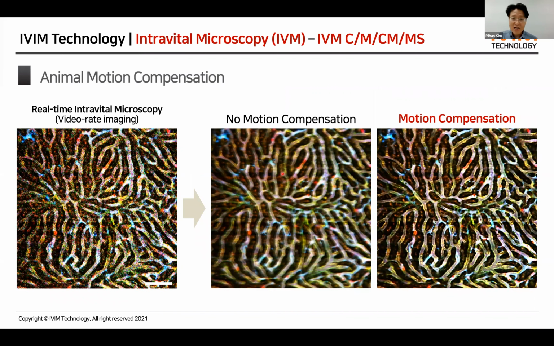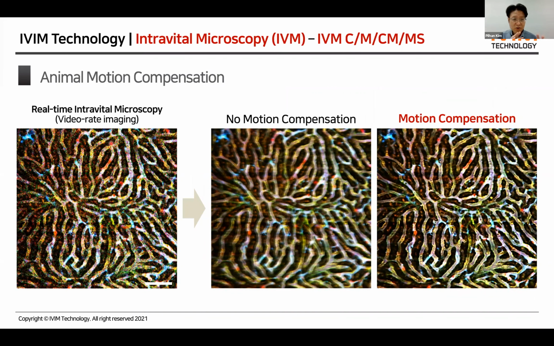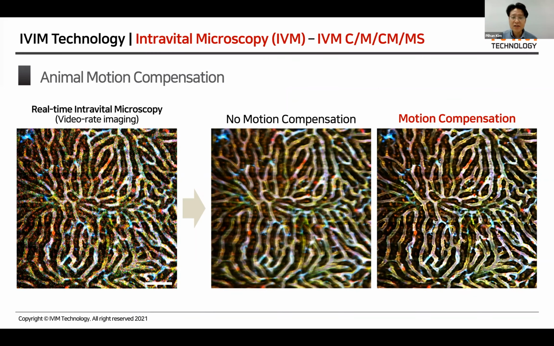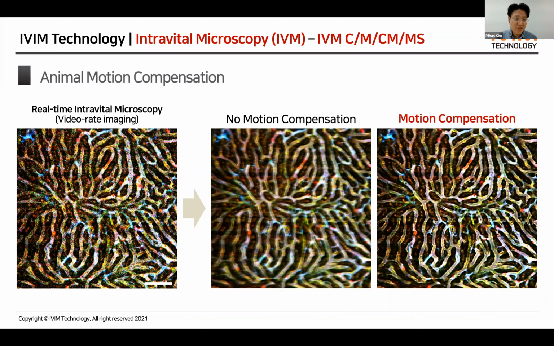From this raw data, by using our motion compensation technique, we can get this high quality intravital imaging. Without motion compensation function, you always end up with very blurred imaging due to these tissue motions.